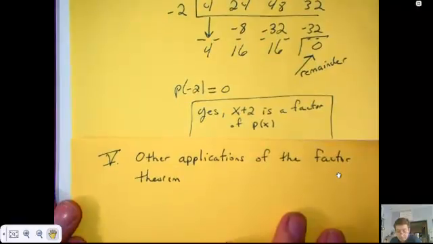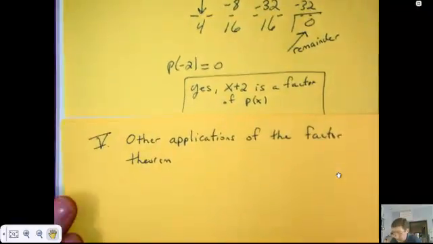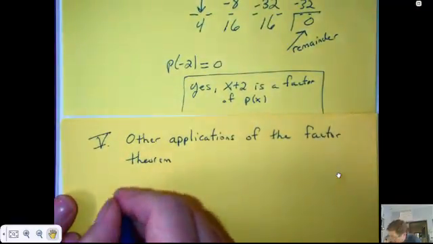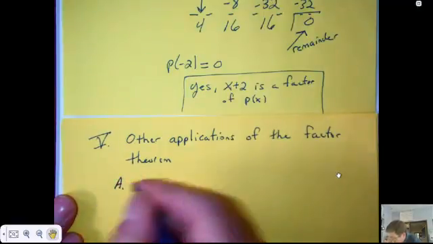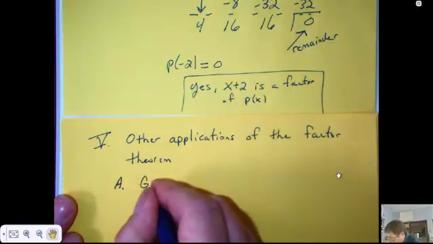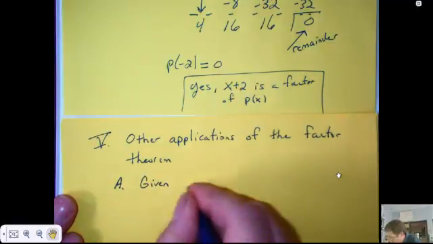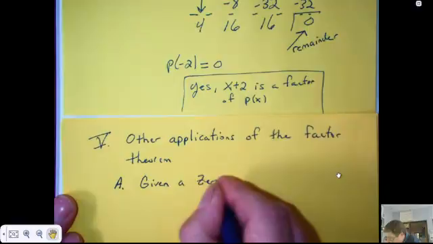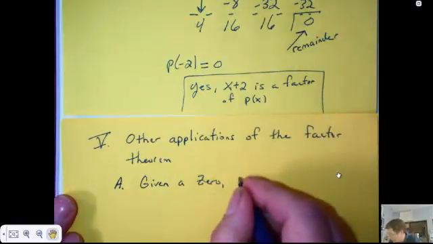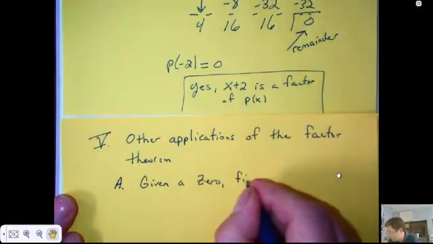The first type of question you have is if you're given one of the zeros, then the question will be to find the remaining zeros.